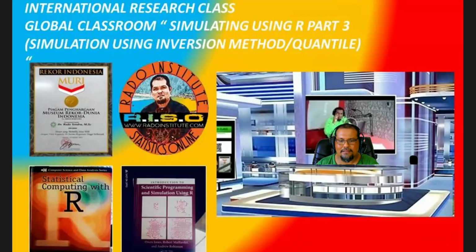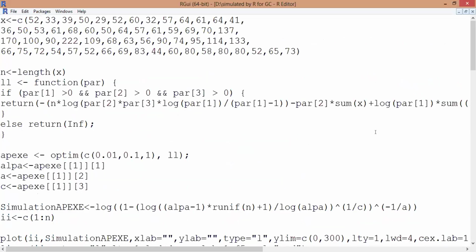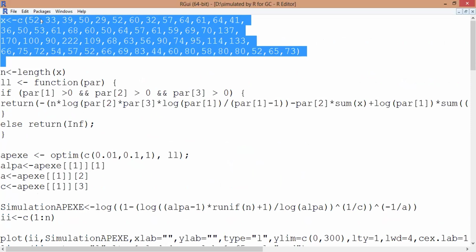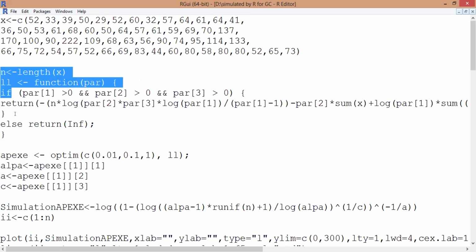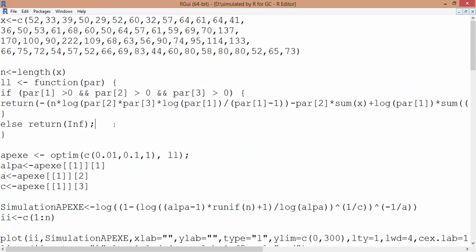This is R programming. For the first research article, we can find the actuarial data X. You can find the data in this research article. And then after we have the data, we must write the log likelihood code using this.